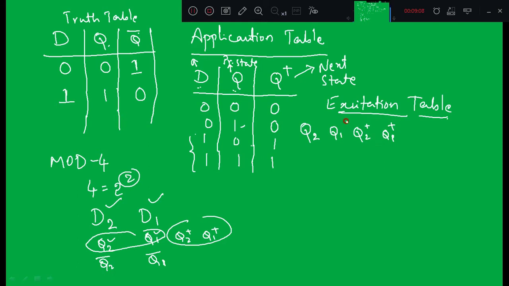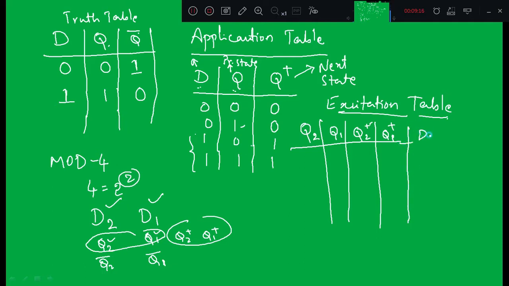Then with these two sets of values, we are going to decide the values of D1 and D2, right? So the outputs are D2 and D1. These are inputs Q2 and Q1. Q2 plus and Q1 plus also act as inputs, and D2 and D1 will act as output, right?